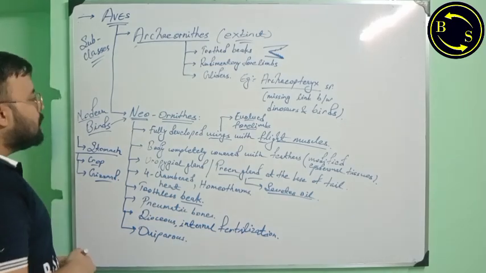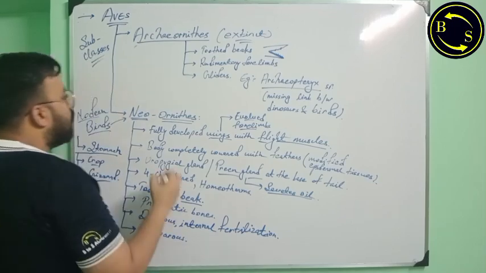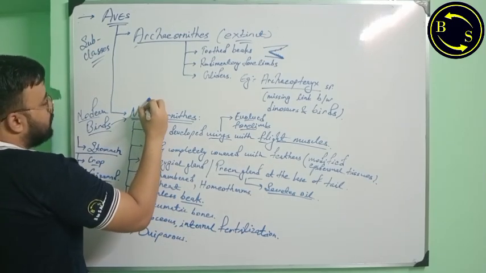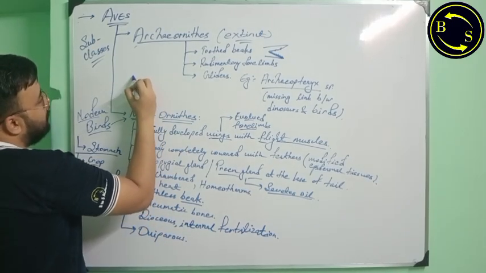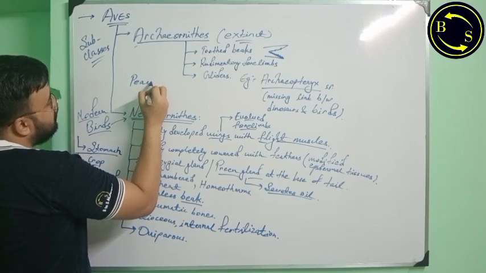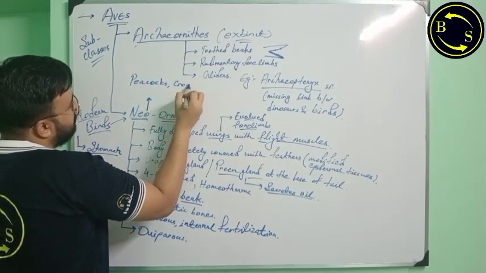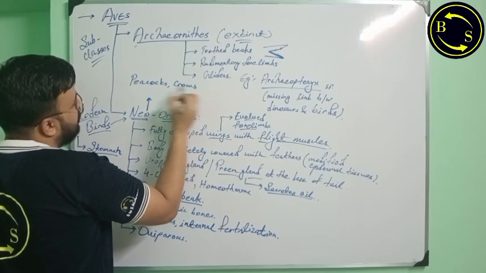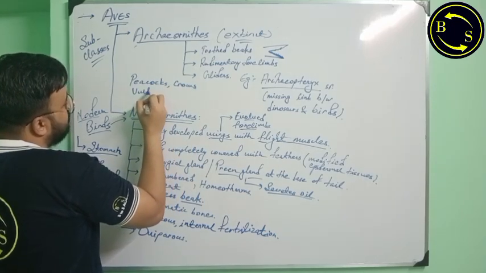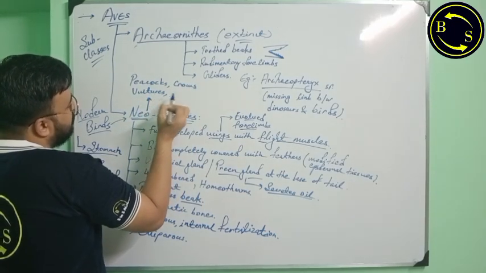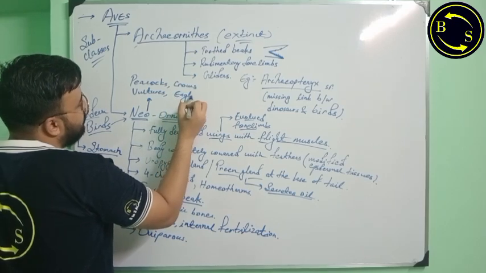Examples of neornithes, well, a lot of examples, all modern birds. Okay, like peacocks, crows, vultures, eagles, owls, everything.